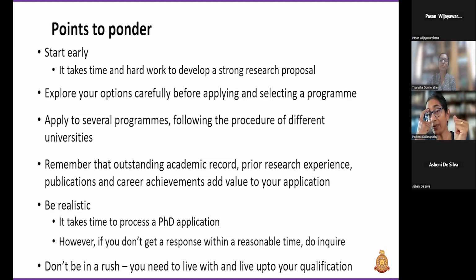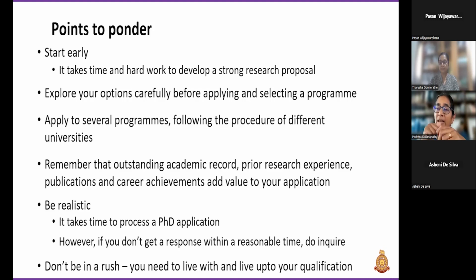But generally, when you're applying for foreign universities, it's based on merit. In terms of merit, again, the scores, your previous masters, how well you had done. For scholarships which are university-wide, like what Tharusha and I got, initially the scholarship applications are based on who they have selected.